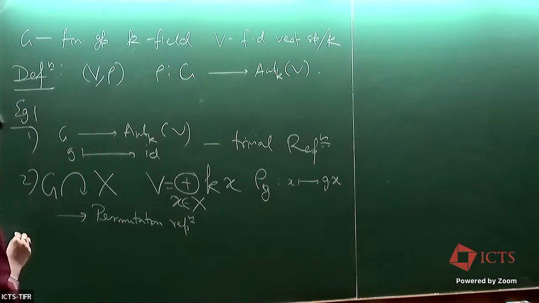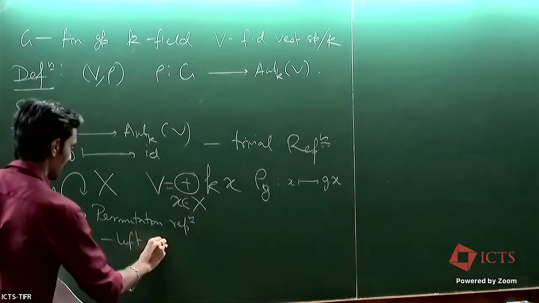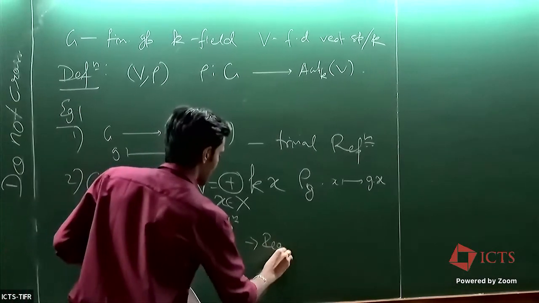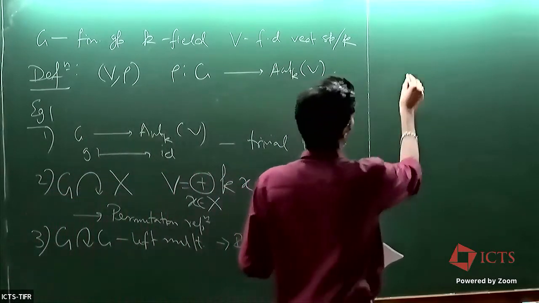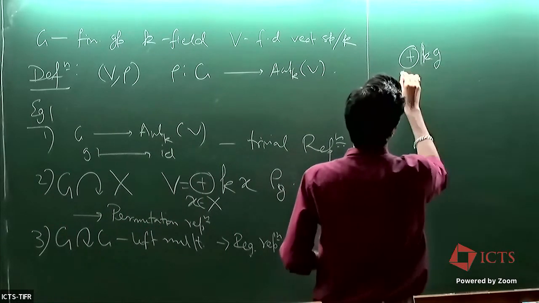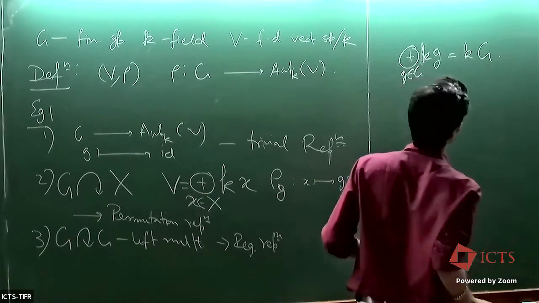And in the special case when G acts on G by left multiplication, it is called the regular representation. And the symbol for this, in this case, will be denoted by KG.